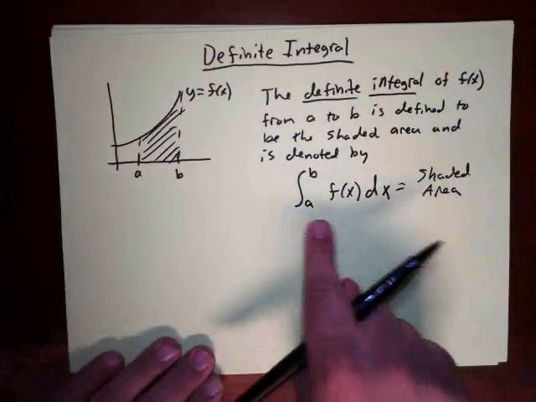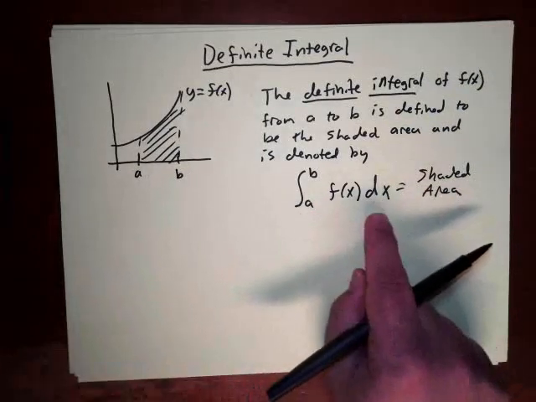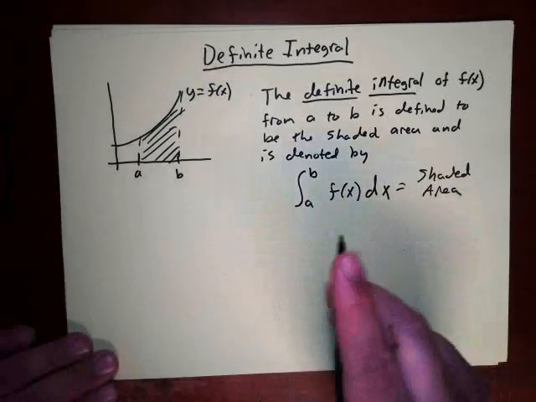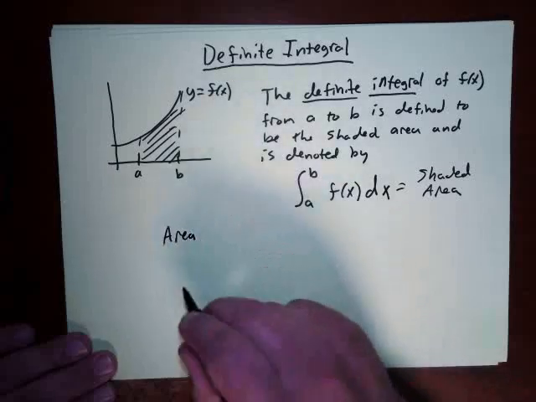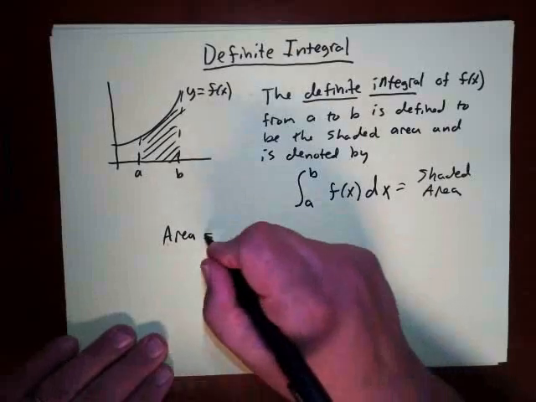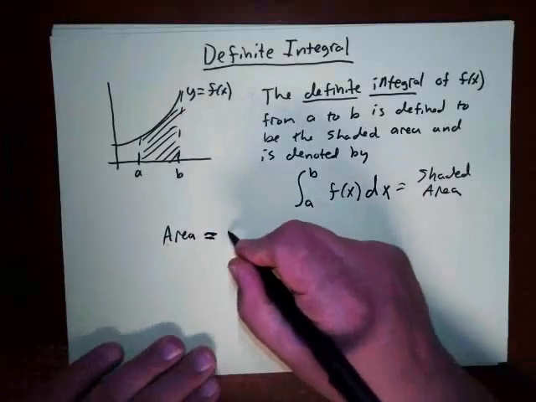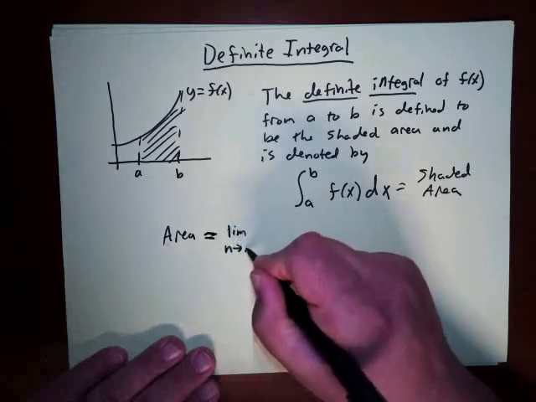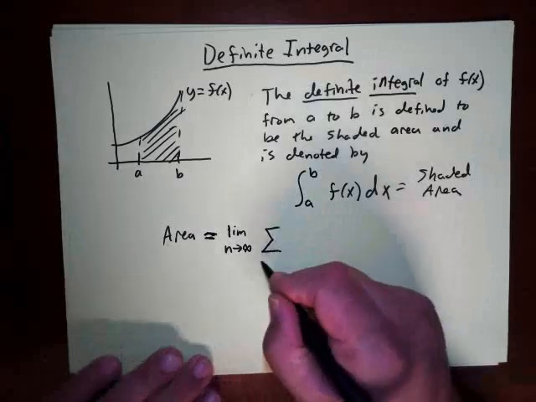So now we can finally see where this notation comes from. It comes from the Riemann sum. So if you remember, the area under the curve here was actually equal to the limit as the number of rectangles goes to infinity. And you would sum up the area of all these rectangles, right?